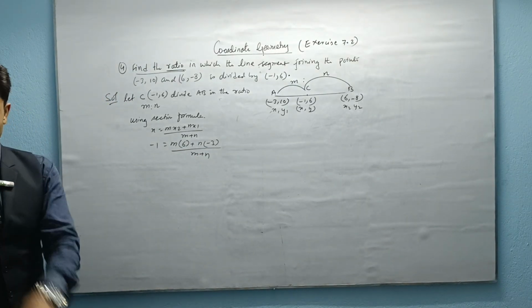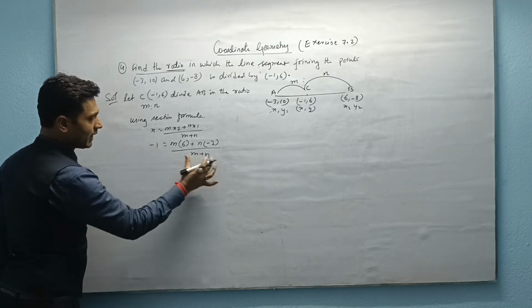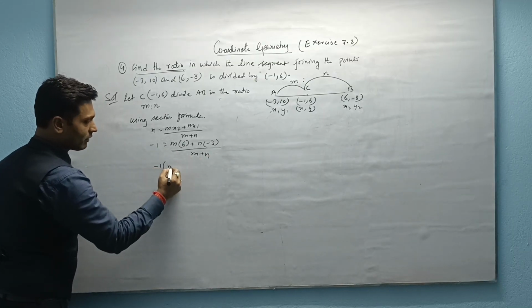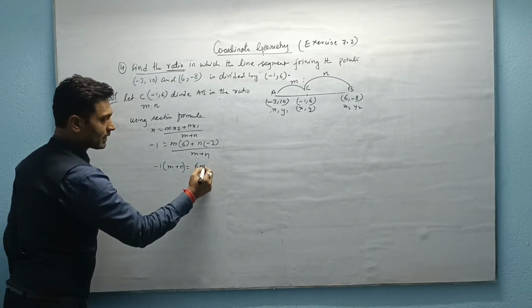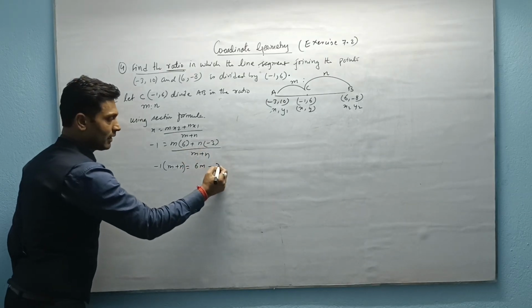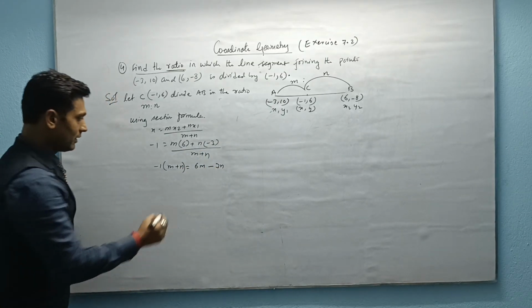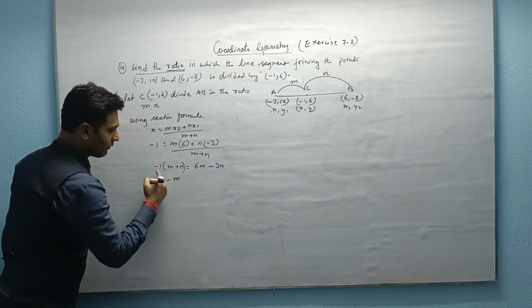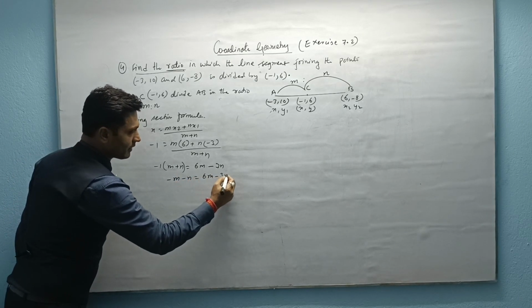We just simply need to determine the ratio. So we'll multiply minus 1 into (m + n). Minus 1 into (m + n) is equal to 6m, plus minus 3n. Fine? So now this becomes minus m, minus n is equal to 6m minus 3n.